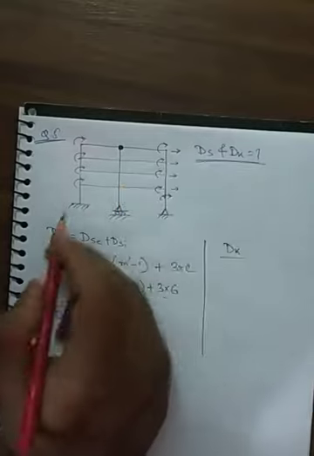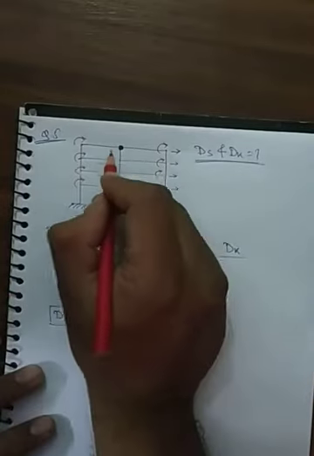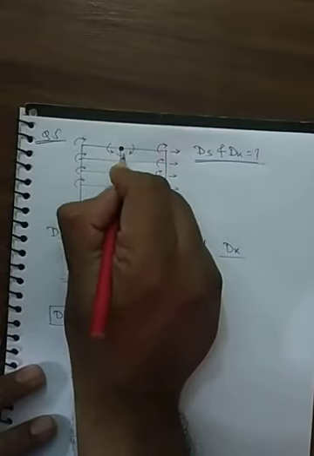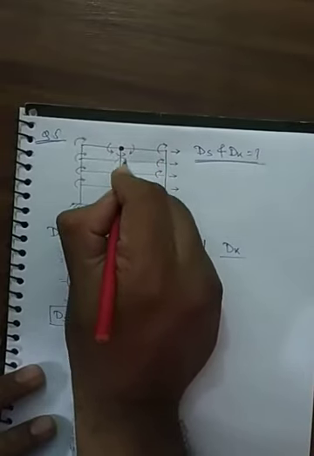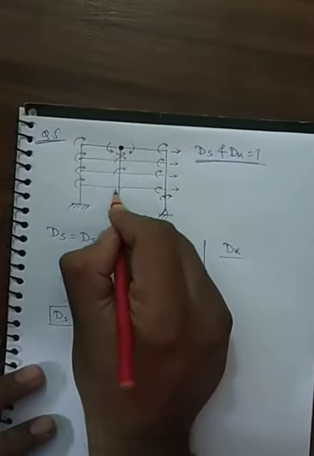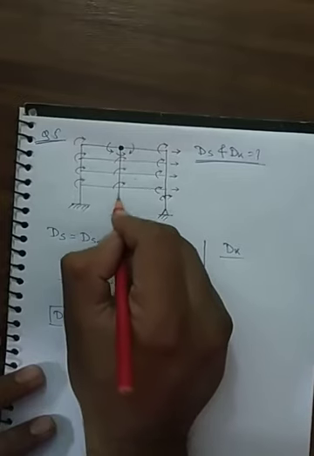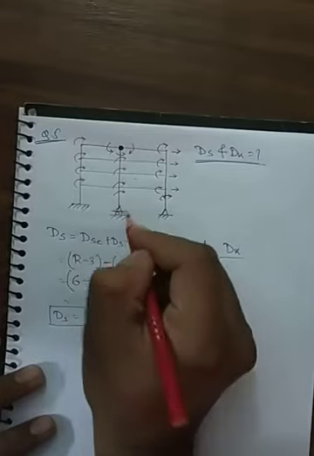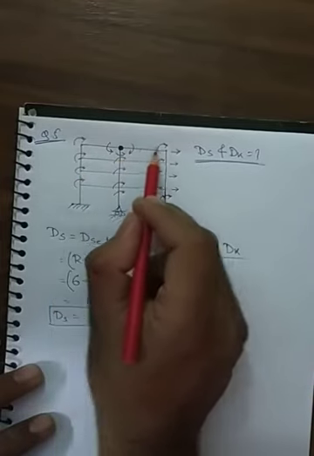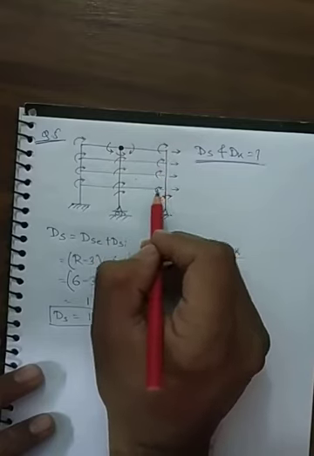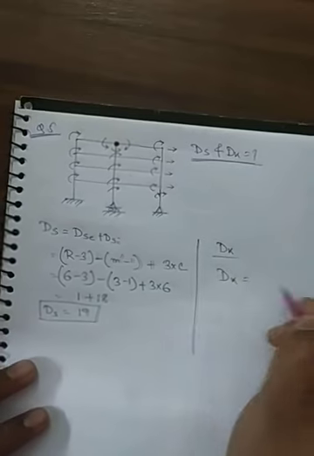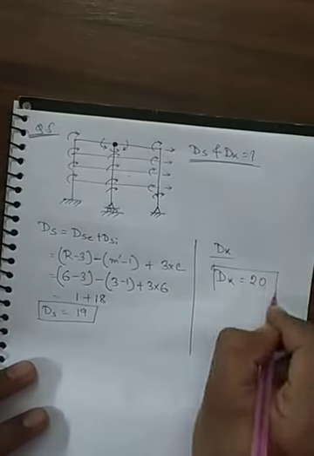From this nothing will happen because this is a fixed support. For the internal hinge, this portion 1, 2 and 3, and this is 1. For this case 1, for this case 1, and this is for roller, so this is 1 also. So how much? 1 2 3 4 5 6 7 8 9 10 11 12 13 14 15 16 17 18 19 20. So your dk value is 20.